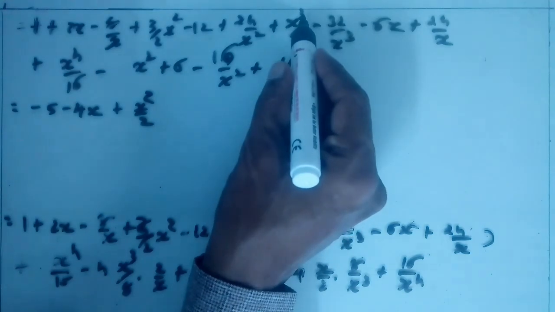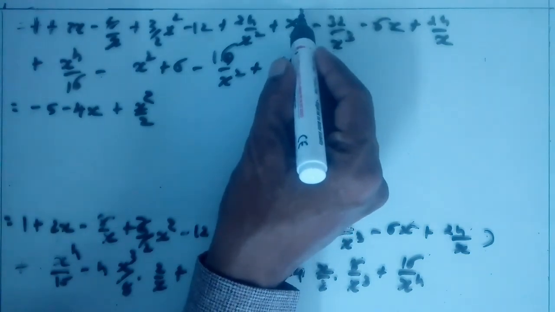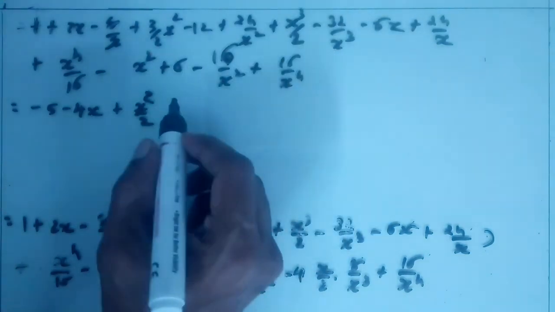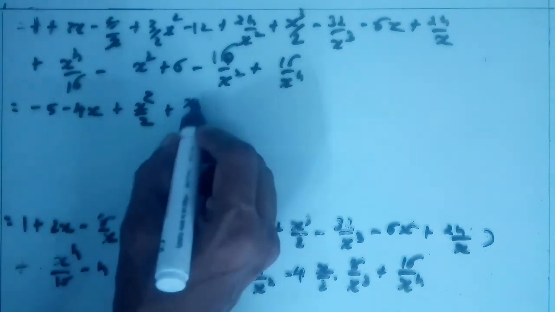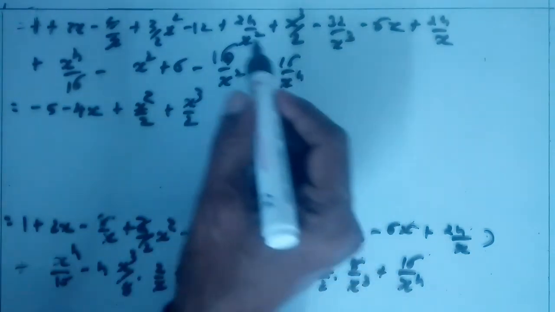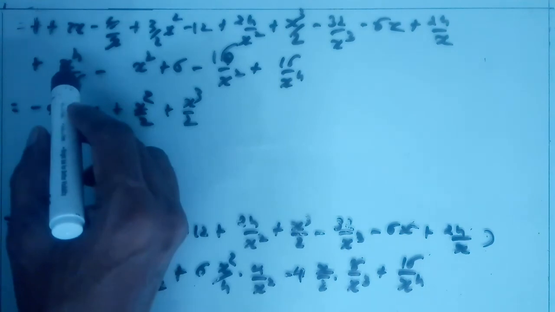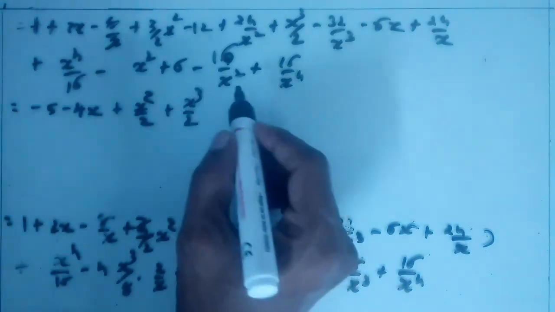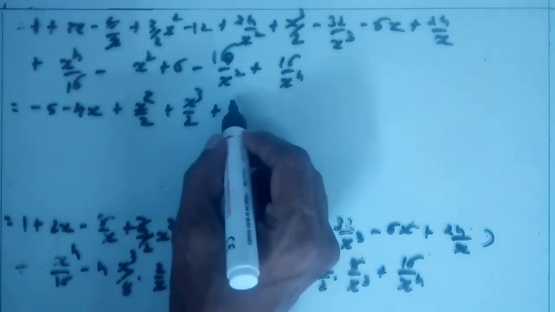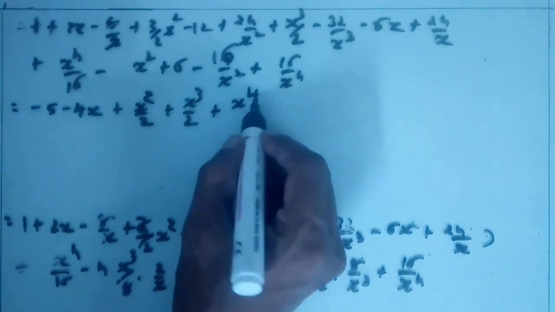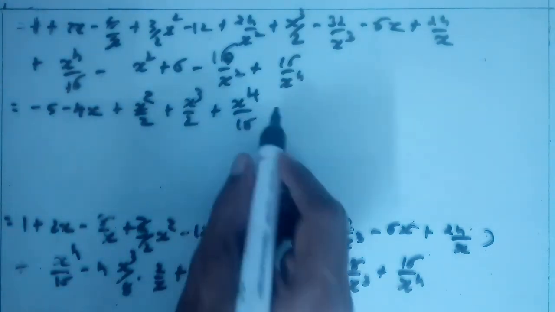Now term with x raised to 3, only one term, so x raised to 3 upon 2. Now term with x raised to 4, only one term, so x raised to 4 upon 16, clear.